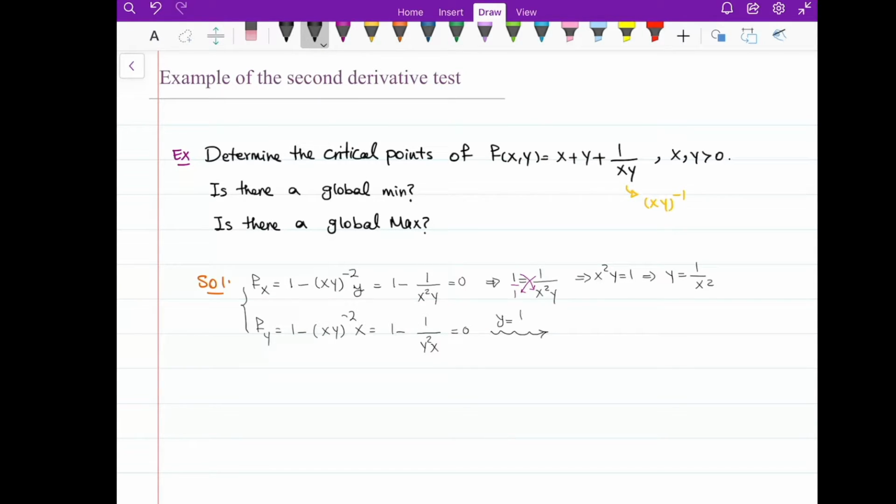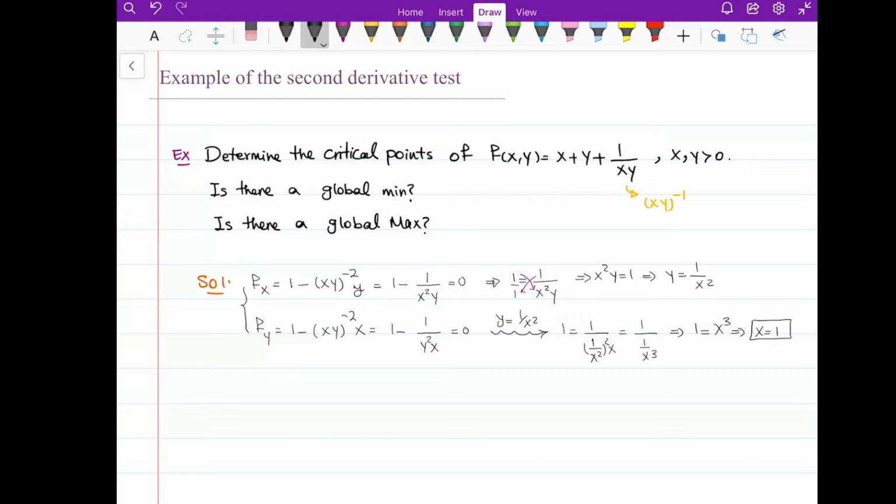So I get 1 over, instead of y, 1 over x squared times x, which would be 1 over x cubed, and therefore 1 from here is equal to x cubed from here, and so x is equal to 1.